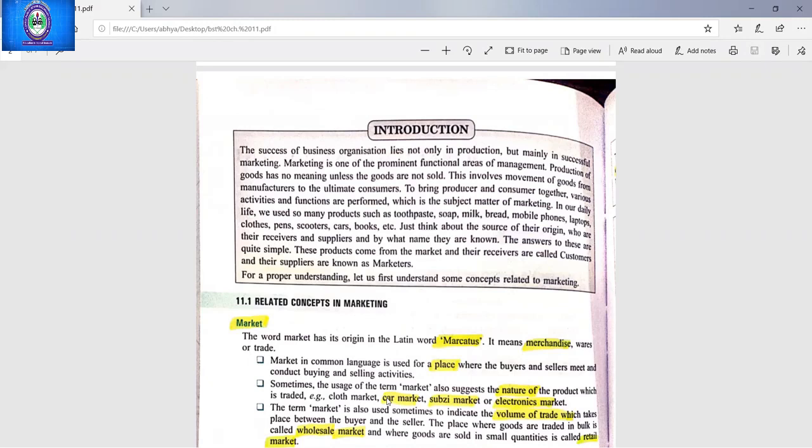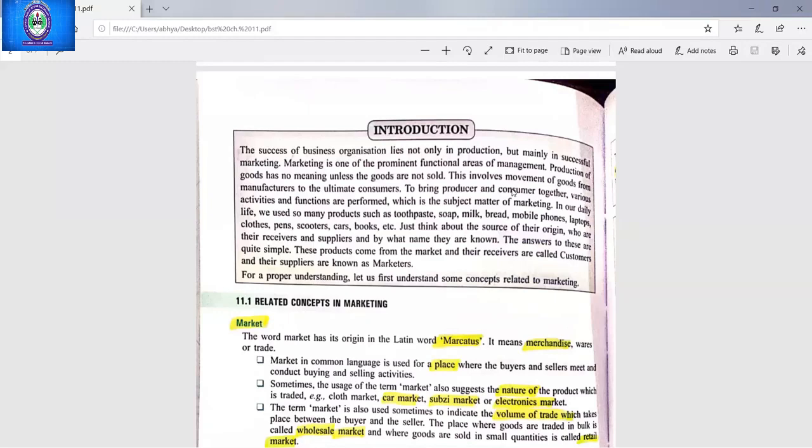So marketing was not very important in those days. All the focus of the seller was just to produce goods, not to market or sell them, because there was no problem of selling; there was very little competition. The manufacturers were able to sell whatever they produced.